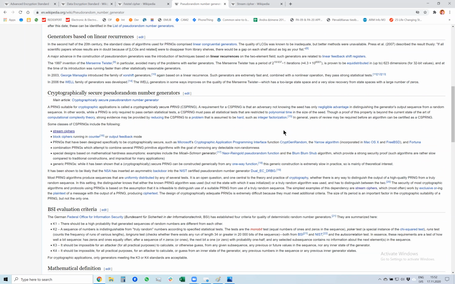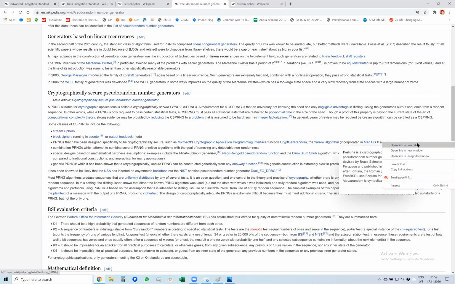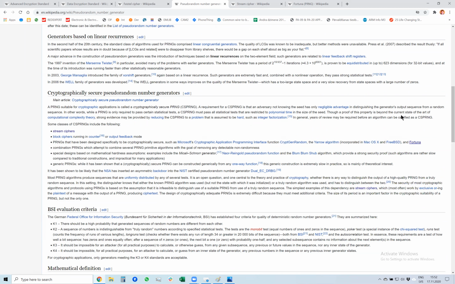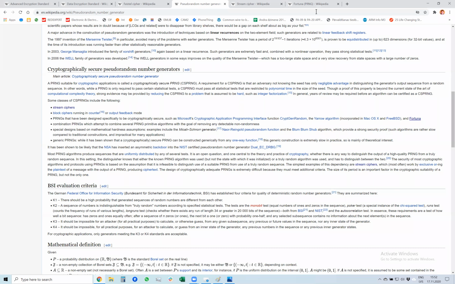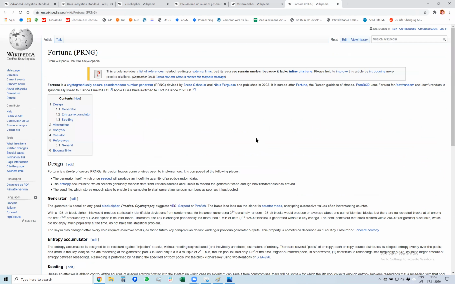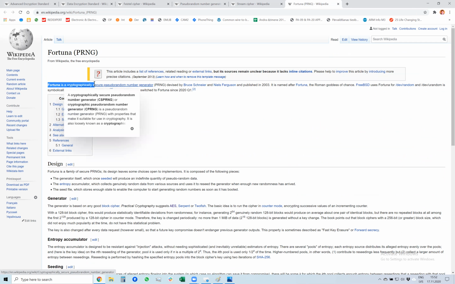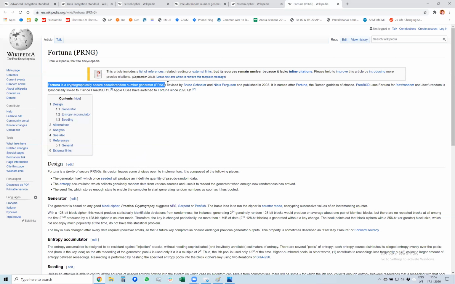So maybe under stream ciphers, it will give us some examples. So for example, oh, here it is. Fortuna is a cryptographically secure pseudo-random number generator developed by these two scientists in 2003, and you can see it's published in 2003.